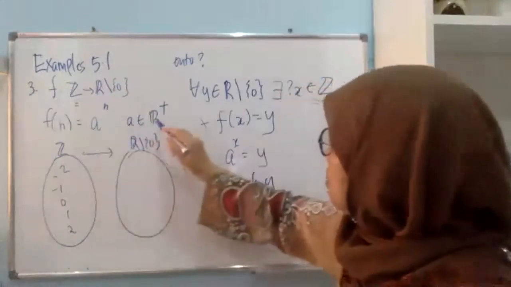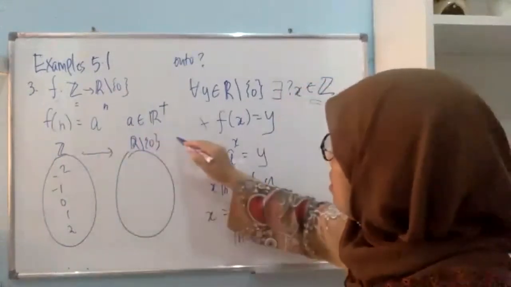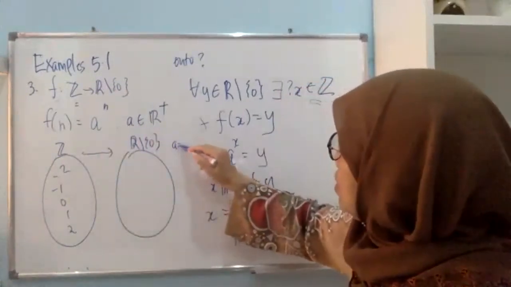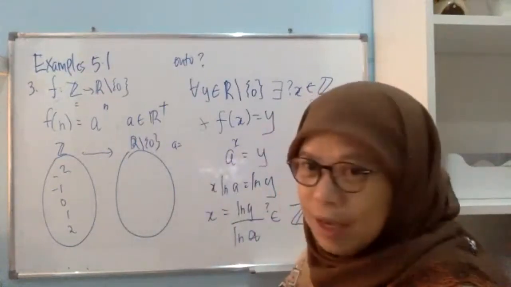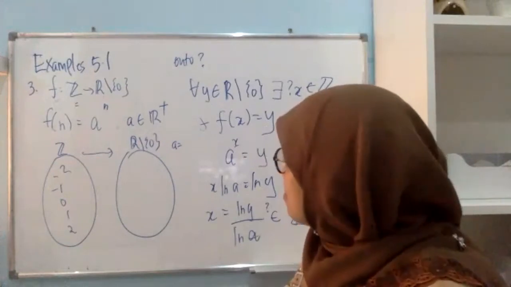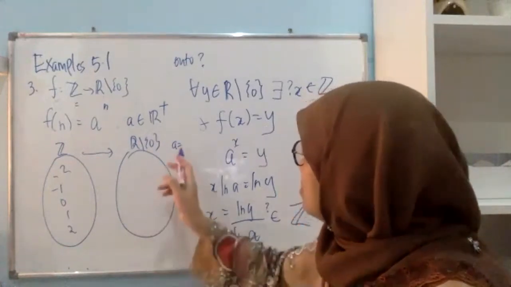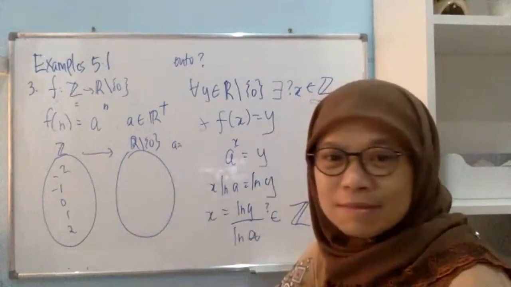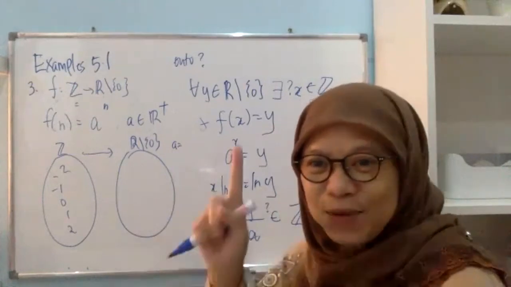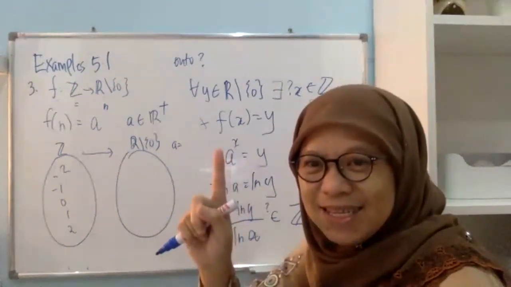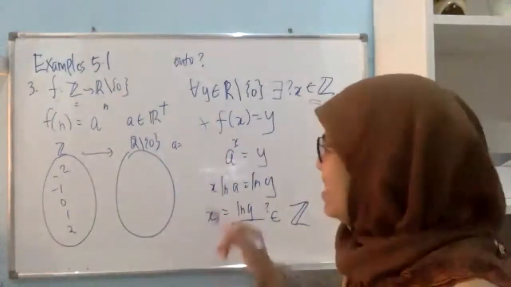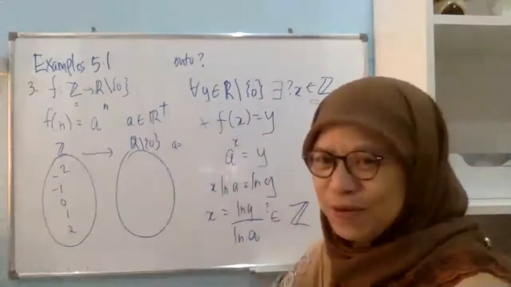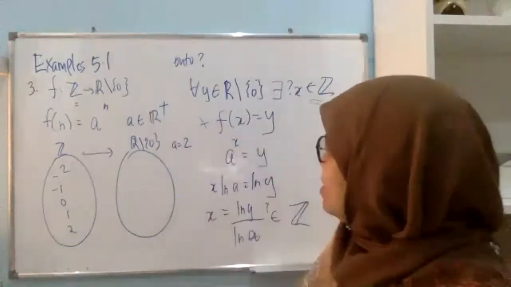Suppose my a, give an easy one. What do you want a to be? Give me a number. 1, 2, 3, positive. Just one number. 1 is too easy. Maybe 2, just now we have 2. 2 is okay, right?